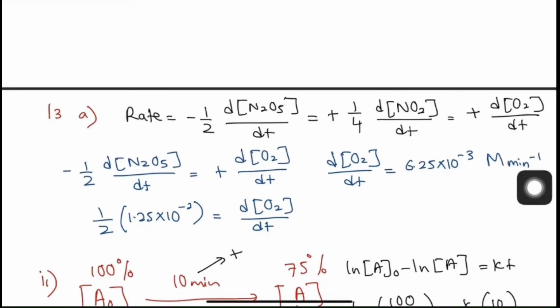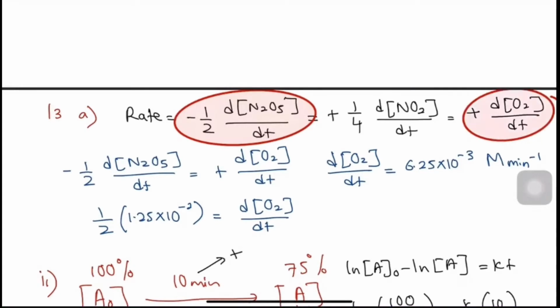So from here, I will be extracting out the given information, which is from this part, and the information that we are required to find, which is this. So we are going to make an equation by just using those two that we have extracted from the main equation.